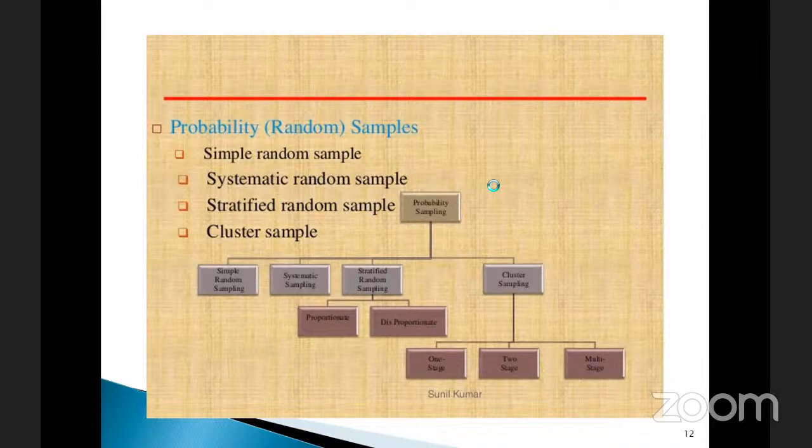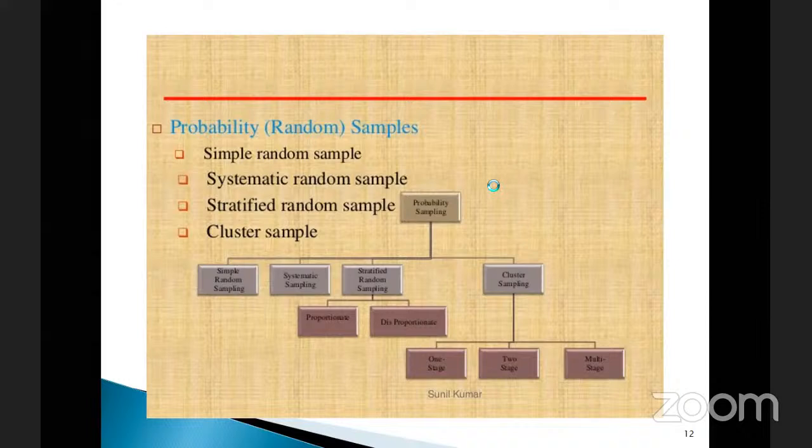Then cluster. Then again, cluster is similar to stratified. You're also taking it in groups, but this group is maybe by geographical location where you take clusters. For instance, Nigeria, we can say 6 geopolitical zones. So you divide Nigeria into 6 geopolitical zones.